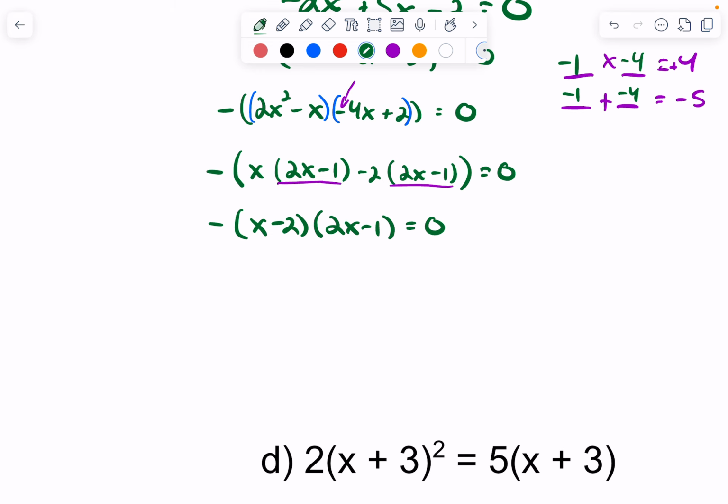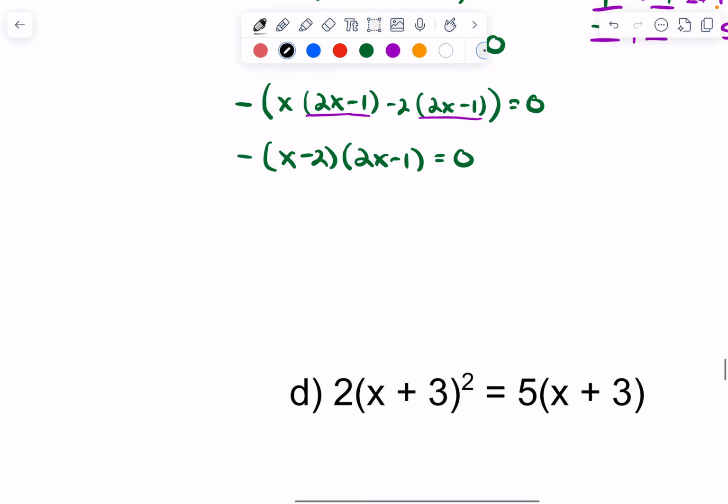And we're solving. All right, I forgot in the last step, we're not just stopping in factored form. Solving is then finding the values that make this equal to 0. Well, in reality, it's just saying take this bracket, this x minus 2, set it to 0, and solve for the x value that would make it 0. So in this case, it would be 2. And you would do the same thing here. Take this bracket, 2x minus 1, set this one to 0.